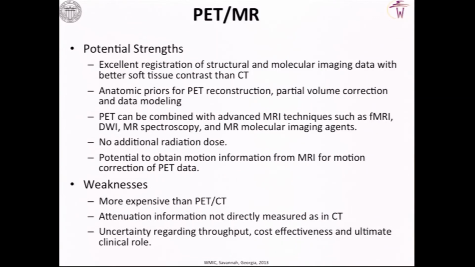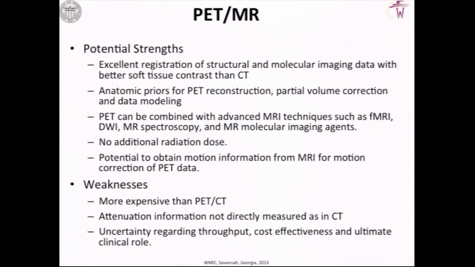Okay? One of the challenges or weaknesses is that they're much more expensive than a PET CT system, and basically as you make the PET ring bigger and bigger as you make an MR system bigger, the cost kind of goes up exponentially.